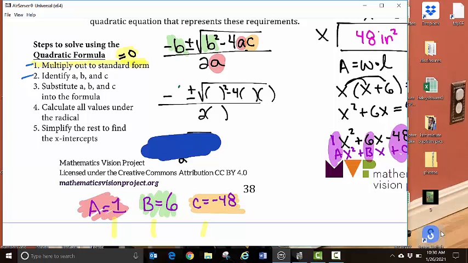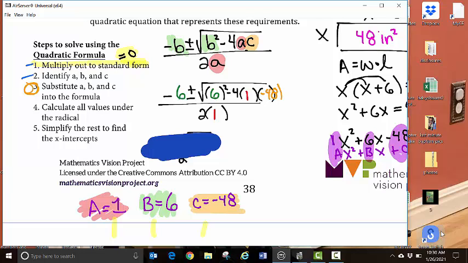So our B is a 6 and a 6. A goes on the bottom and right here. And C goes right here. So that was step 3. Any questions where I got those?